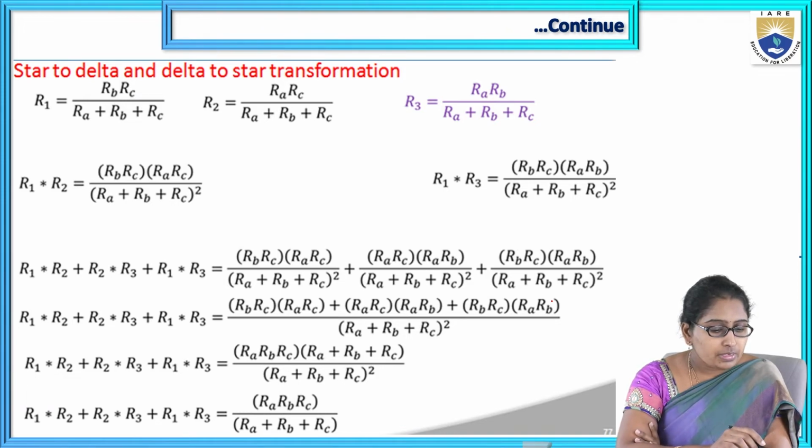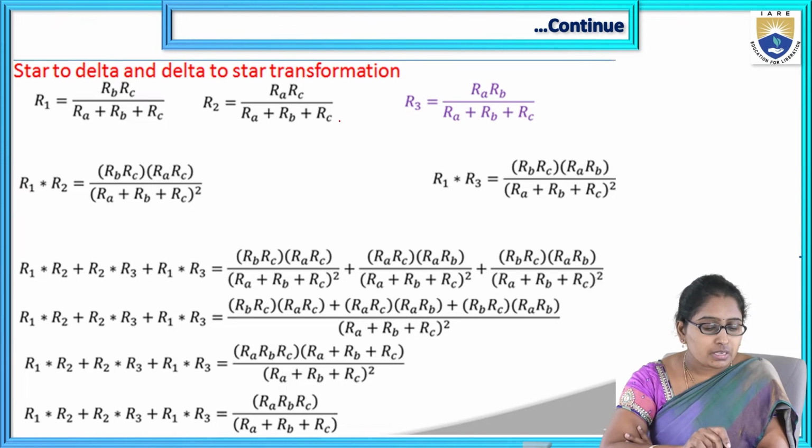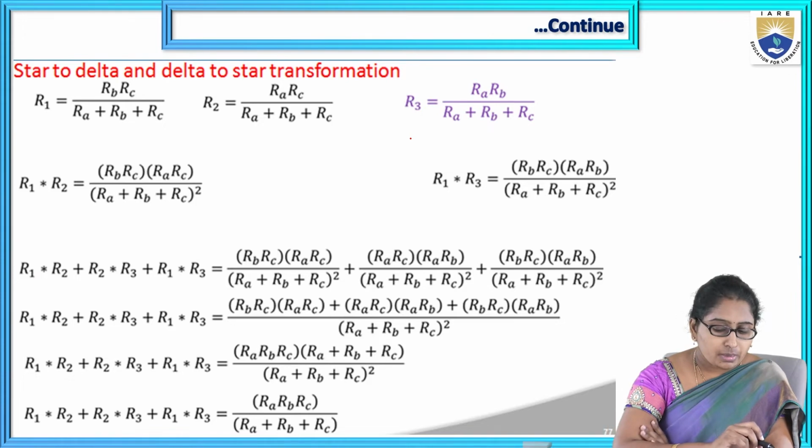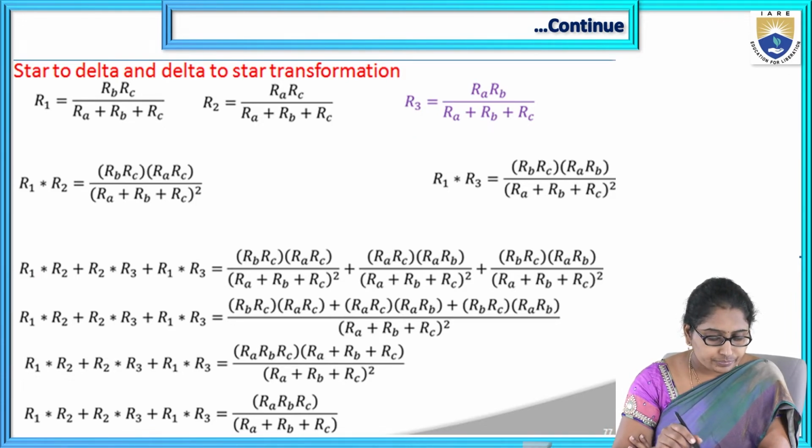R1 is given by RB RC over RA plus RB plus RC, R2 is given by RA RC over RA plus RB plus RC, and R3 is given by RA RB over RA plus RB plus RC.